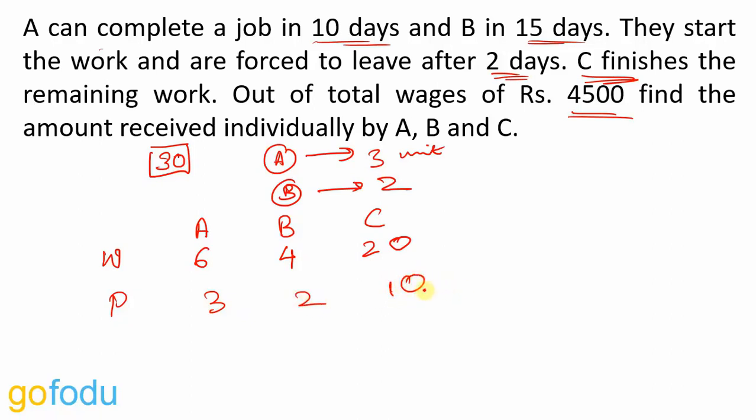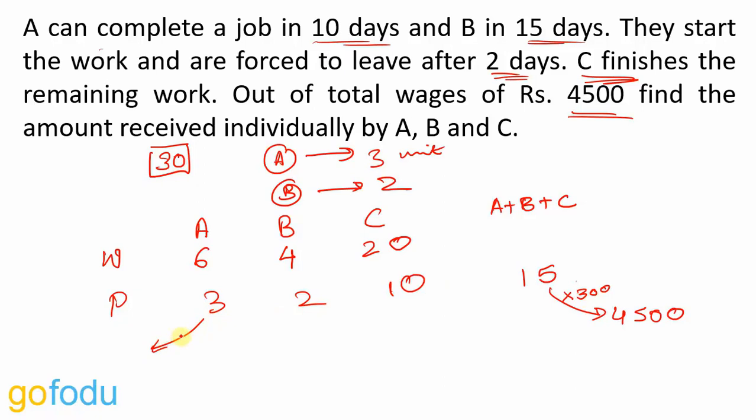This would be the ratio of payment, and total payment is 4,500. On ratio scale, A plus B plus C, the payment is 3 plus 2 plus 10, that is 15. Okay, 15 on ratio scale corresponds to rupees 4,500 in actual. So the multiplying factor here is 300, which will be the same for A, B and C as well.